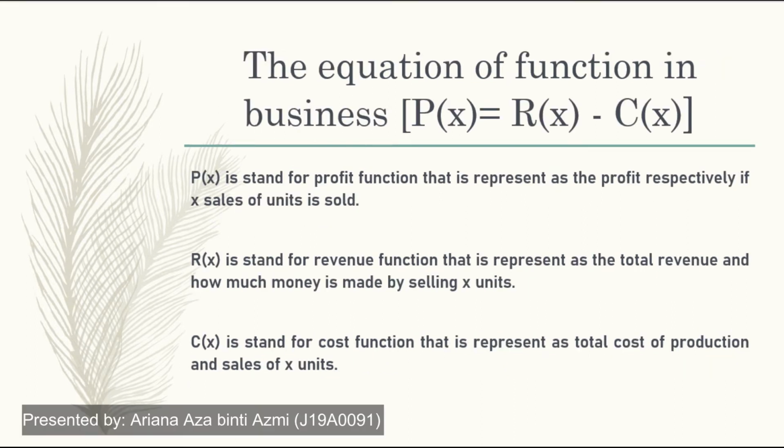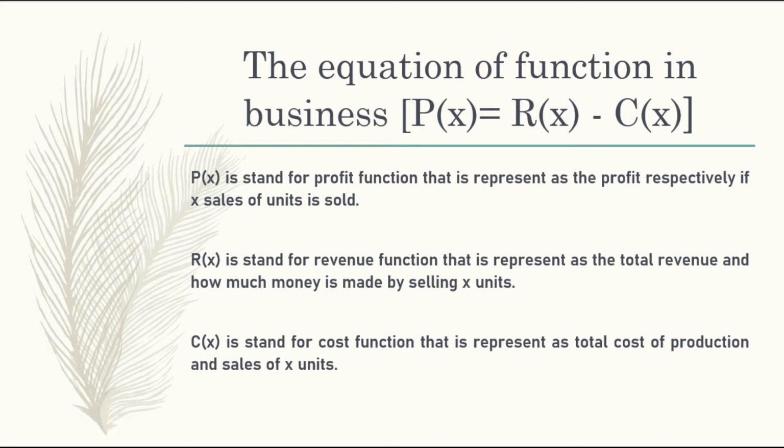I will explain the equation of function in business, which is P(x) = R(x) - C(x). P(x) stands for the profit function, which represents the profit if x units are sold.